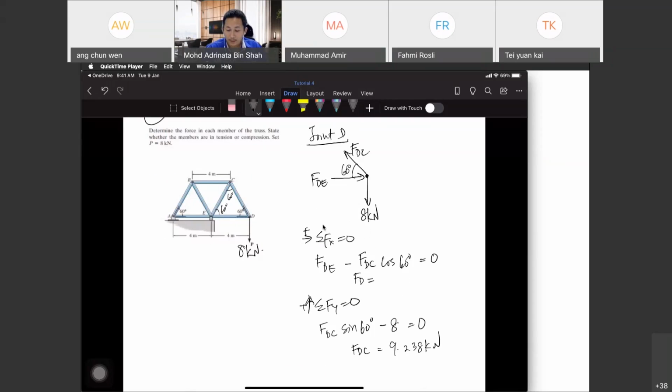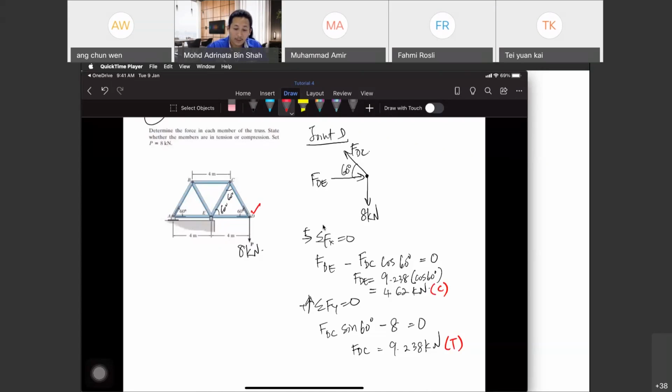FDE is equals to 9.238 kilonewton times cos 60 degree. So FDE is equals to 4.62 kilonewton. Okay, and FDC is in tension, FDE is in compression.